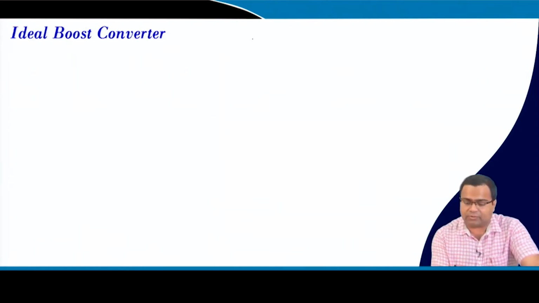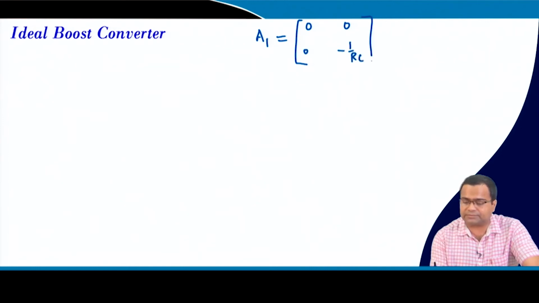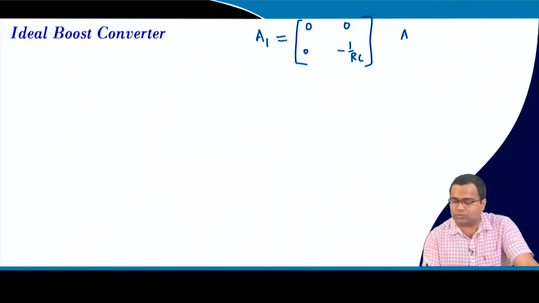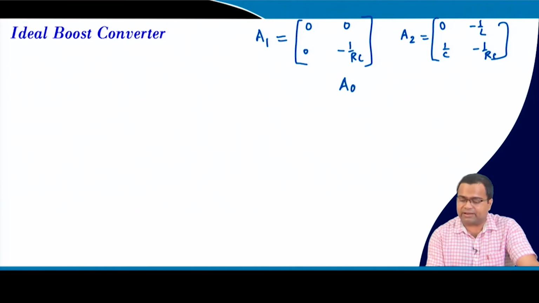So, in an ideal boost converter, what is our A1 that we consider? It is 0, 0, 0, minus 1 by RC. What is our A2? Our A2 was 0, minus 1 by L, 1 by C, minus 1 by RC. Then what is our A average?